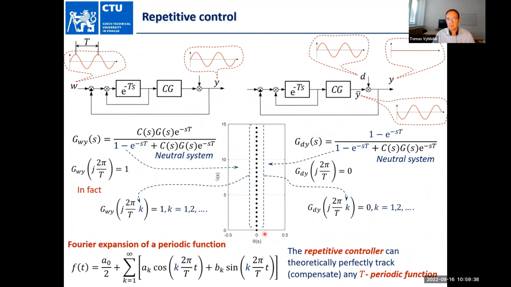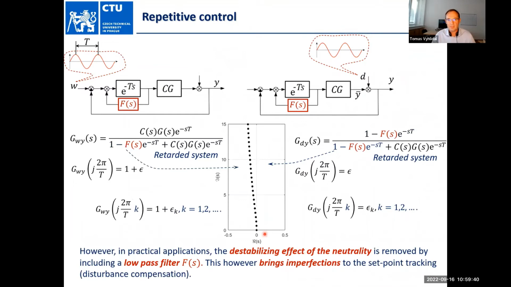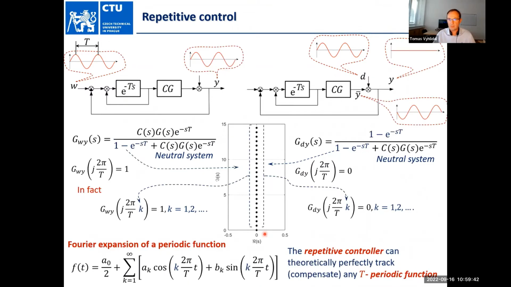This is the theory, but in practice we cannot do that, because the spectrum on the imaginary axis is projected to the spectrum of the system, and we have a neutral system with potentially infinitely many roots on the imaginary axis at high frequencies.